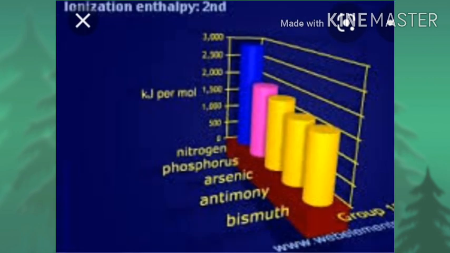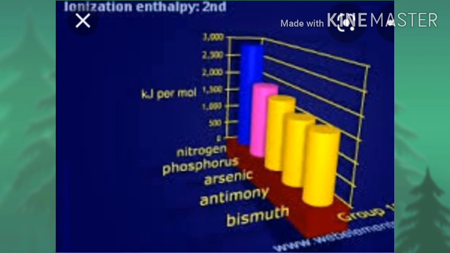Next concept is ionization energy. I already gave you the explanation, and you know that there is a steady decrease in the ionization energy of elements due to the increase in their atomic radius. That is the general trend. When you move from top to bottom, the atomic radius increases, and due to the increase in size, the ionization enthalpy decreases.